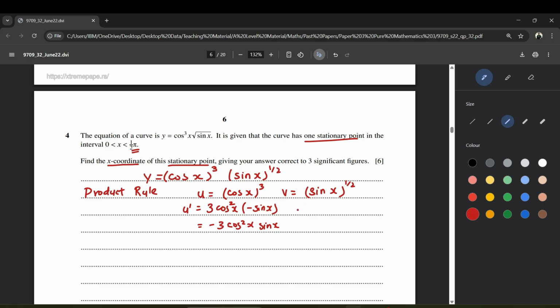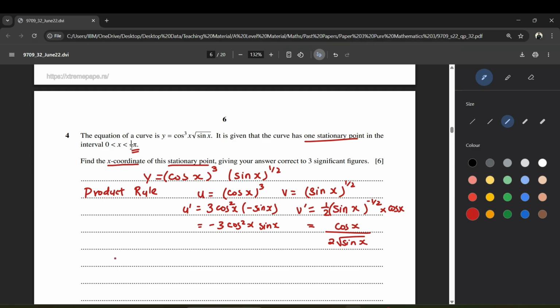And on this side, v dash will be 1 upon 2 sine x to the power minus half, multiply by the derivative of what's inside the function. So that will be cos x. So we will be left with cos x upon 2 root sine x. So we can write it in this form.